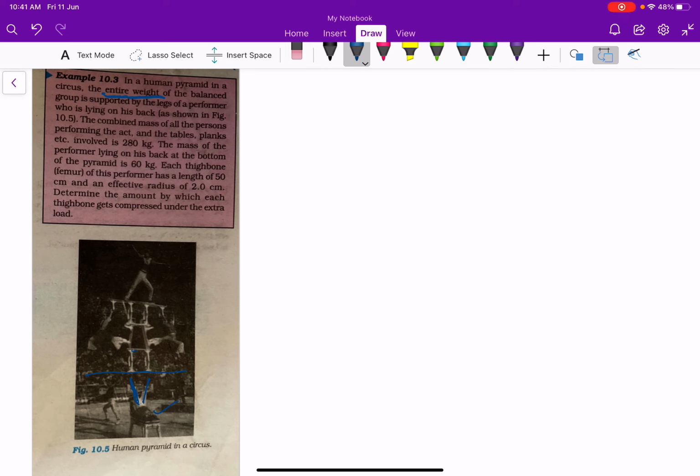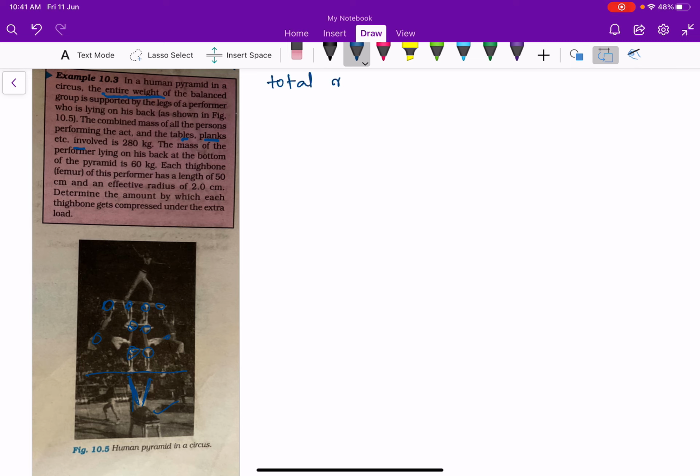The total weight of the performers and planks is acting on the two legs of the person. The combined mass of all the persons performing the act and the tables, planks, etc. involved is about 280 kg.